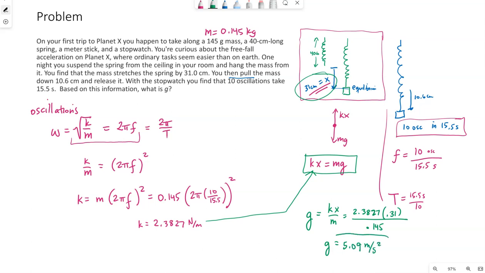Now I know the units should be meters per second squared. Let's make sure we see where those units come from. So k is units of newtons per meter or kilograms per second squared. x is in meters. And then m is in kilograms.